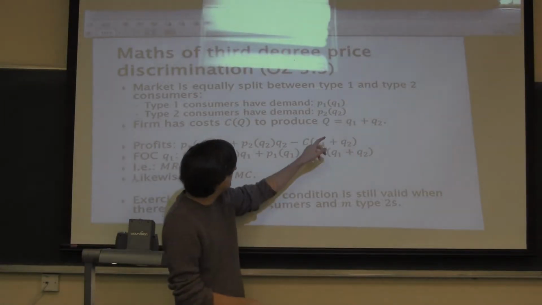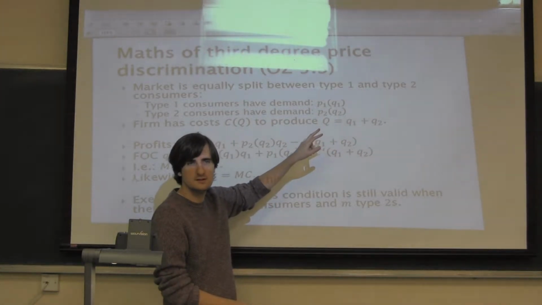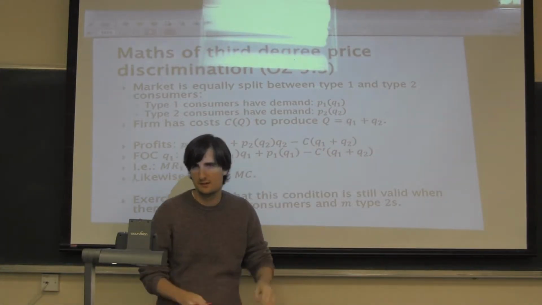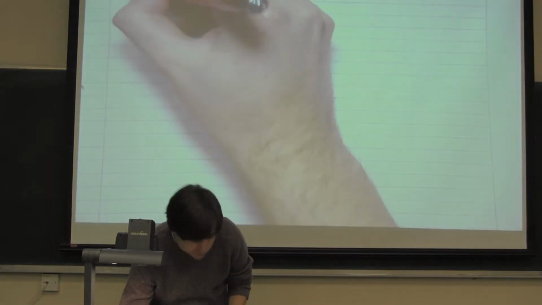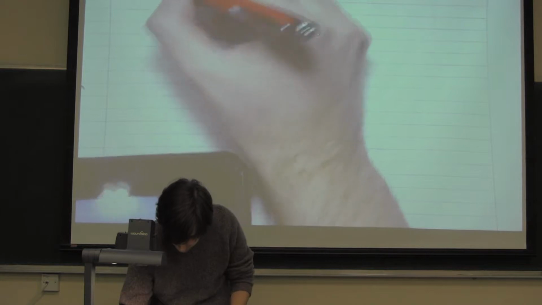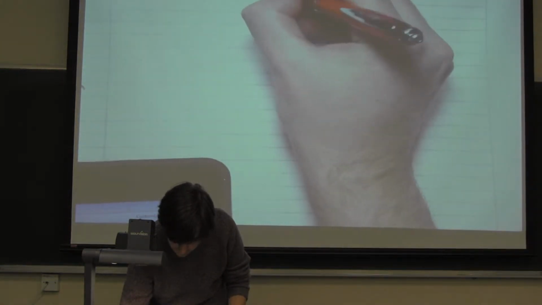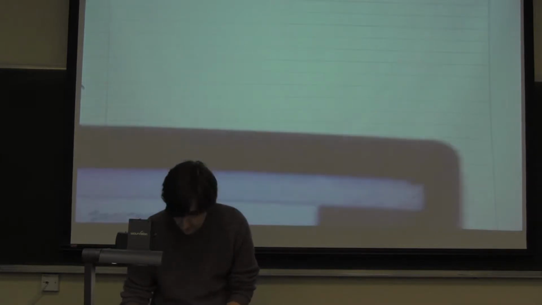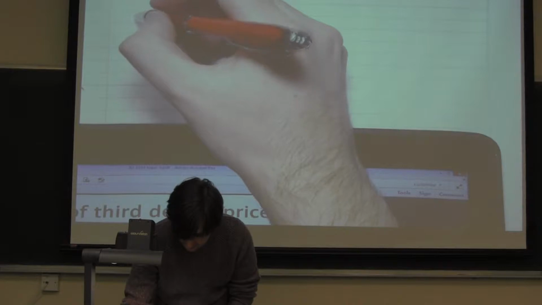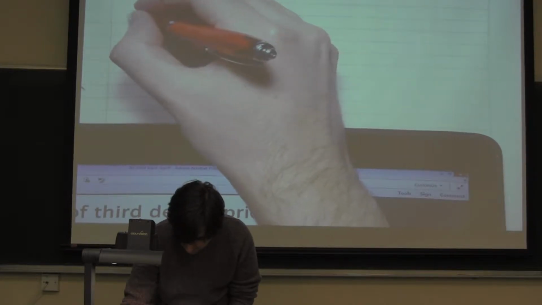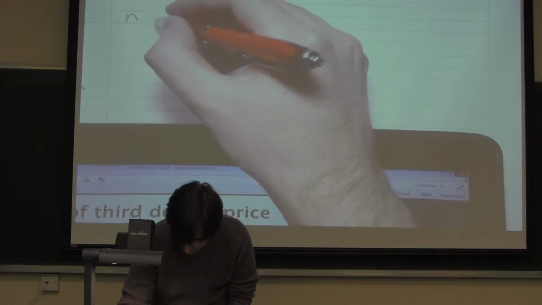Each type 2 consumer has demand P2 and Q2. So what's total quantity going to be? N Q1 and M Q2. Yeah, so capital Q, you see that, is N Q1 plus M Q2. And profits, well, they sell n copies to the low type, to type 1 I mean.